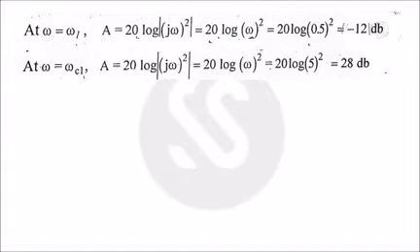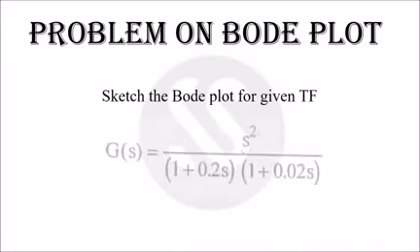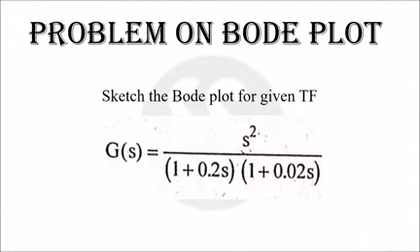So remember, you need to remove all the terms which are like 1 plus something s. So let me go back to this equation. You can see here all the things will be like this, s squared divided by this and this. I told you to remove all the 1 plus something s terms.